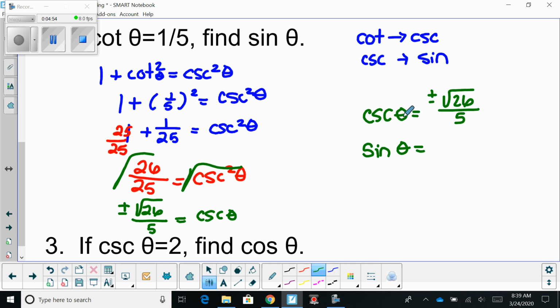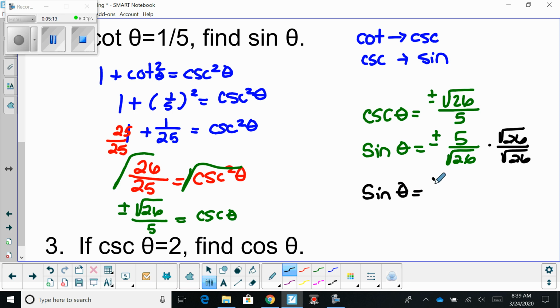Or the sine is the reciprocal of the cosecant, so you can just flip it. Then what happens right here is you rationalize the denominator. I would end up with a final answer of 5 times the square root of 26 all over 26.